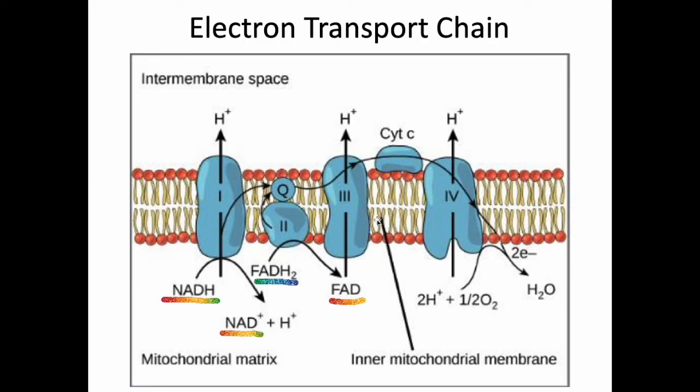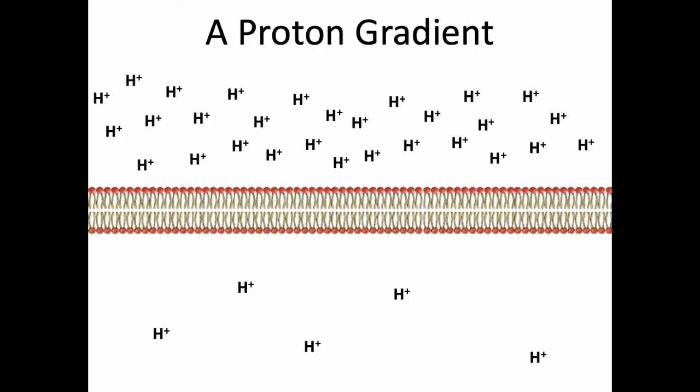So we're passing electrons around. You may also notice this: arrows pointing to this side of the membrane with a little H+ here. This is an example of active transport. You can't really see it too well on this figure, so I made this one to simplify it a bit. On the inside of this membrane, there are not a lot of hydrogen ions, protons, remember, same thing.